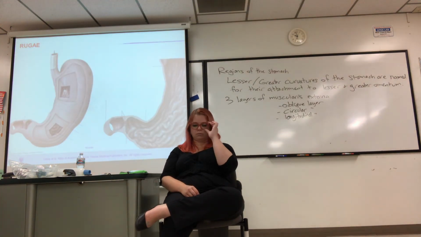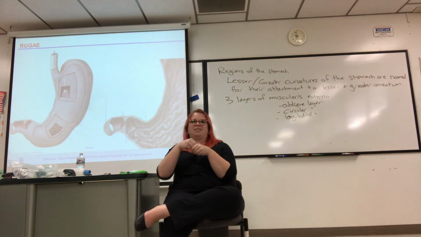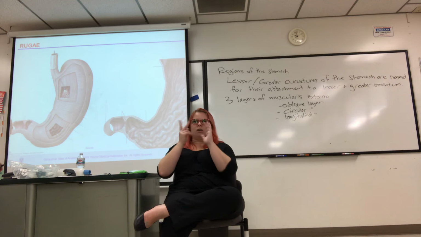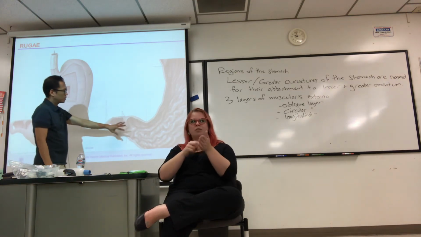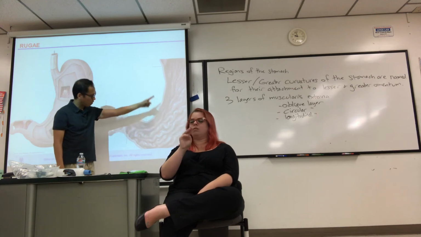Here's a picture showing you the internal appearance of the stomach mucosa from the inside. If you look at the picture on the right, notice that the folding, the stomach foldings of the mucosa, they're called rugae, and they're kind of longitudinal.